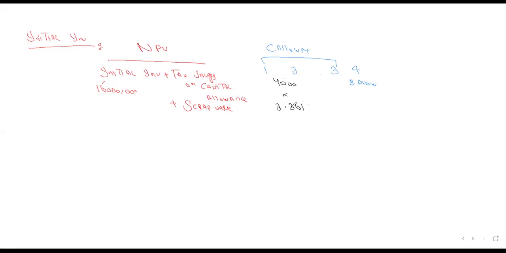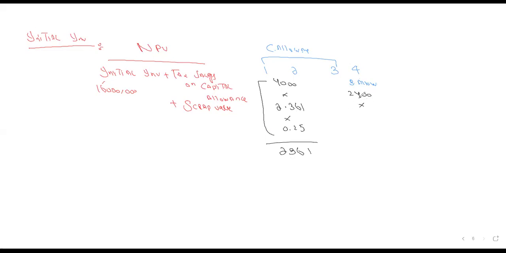And then the rate of tax was how much? What was the rate of taxation? 25%. So 0.25. What is the value? 2,361. And for the balancing allowance, that was coming as 2,400.